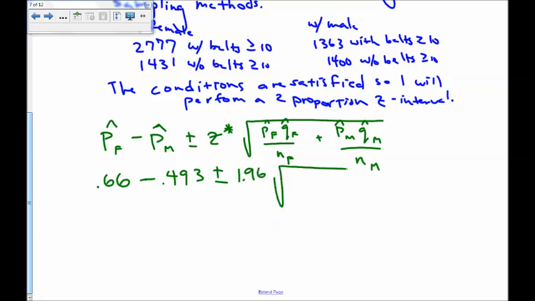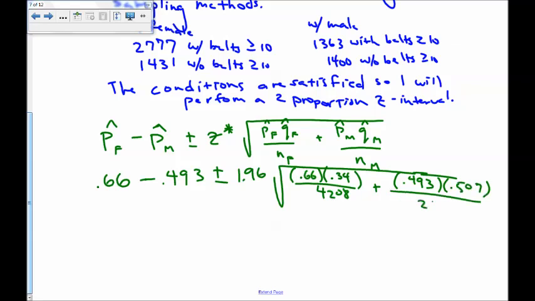Square root of, now plugging some numbers in, I get 0.66, and the percent not wearing seatbelts with female passengers was 0.34, and the total number of drivers with female passengers was 4,208. And with male passengers, 0.493 were wearing seatbelts, and 0.507 were not wearing seatbelts out of 2,763 that had male passengers.